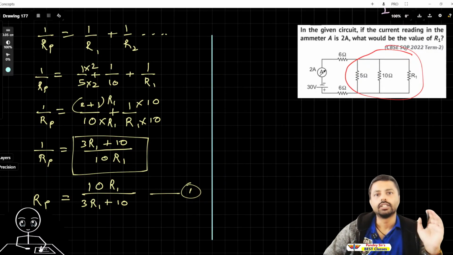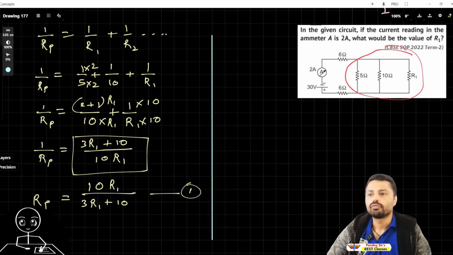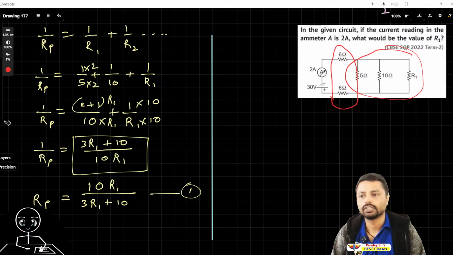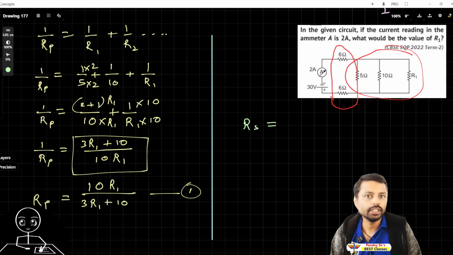So now the next part is to add them all for the series. So add these two, and just now we found that one. Okay, so resistance in series, what is the formula? Simply add them, R1 plus R2 and so on.